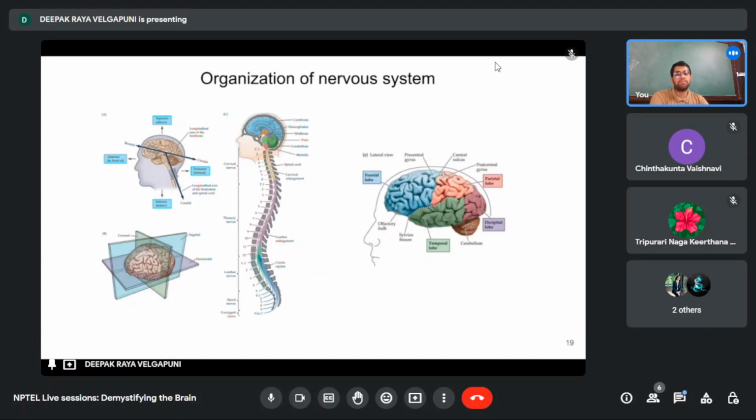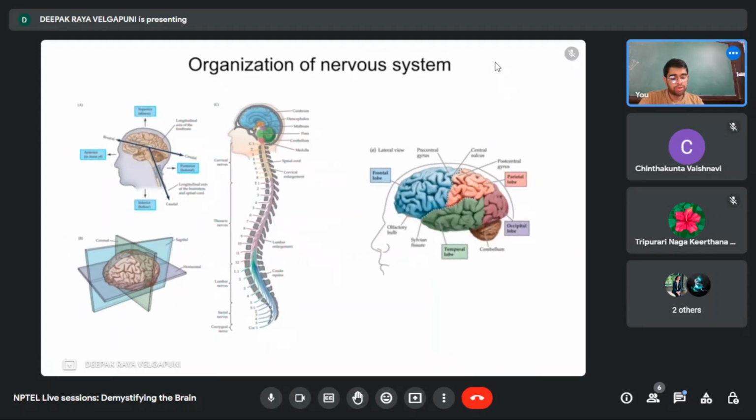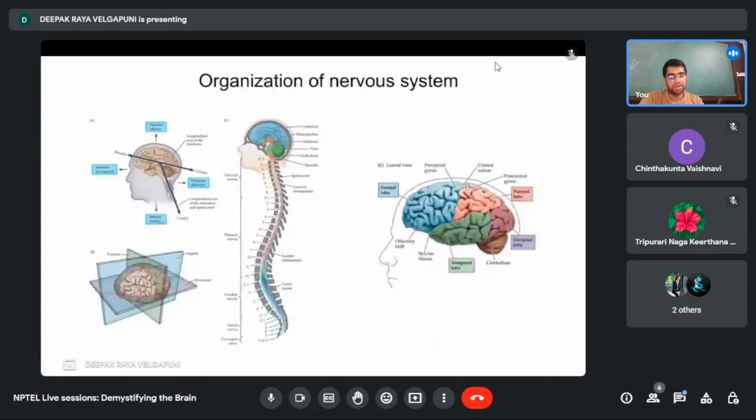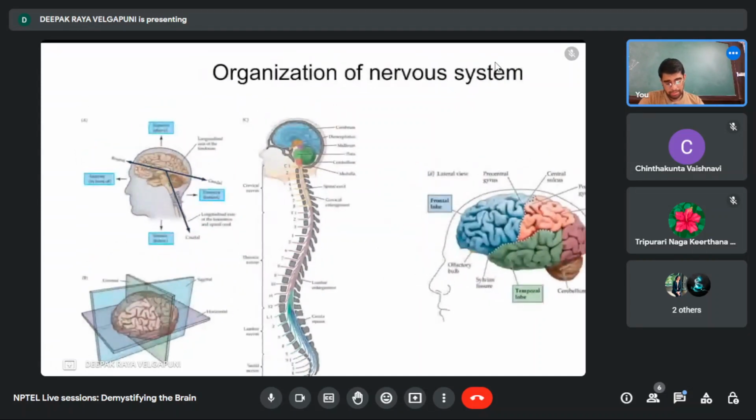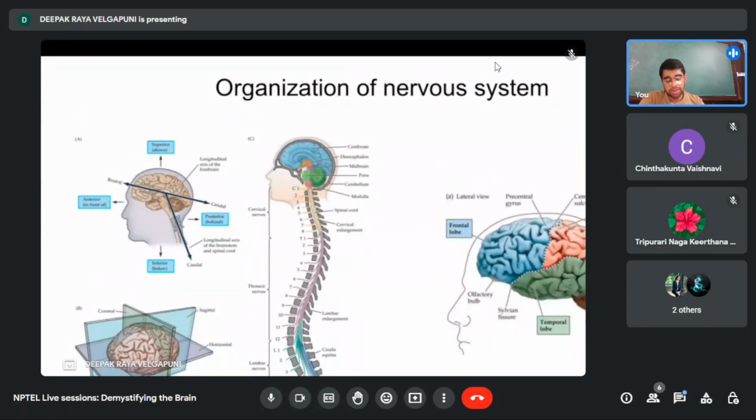But for simple processing, these lobes have very functional specificity, which was taught in the lectures. In the nervous system, you have the central nervous system and peripheral nervous system, which we discussed last time. So here also you can see those, and a better way of remembering the terms here is superior, inferior, anterior, and posterior.